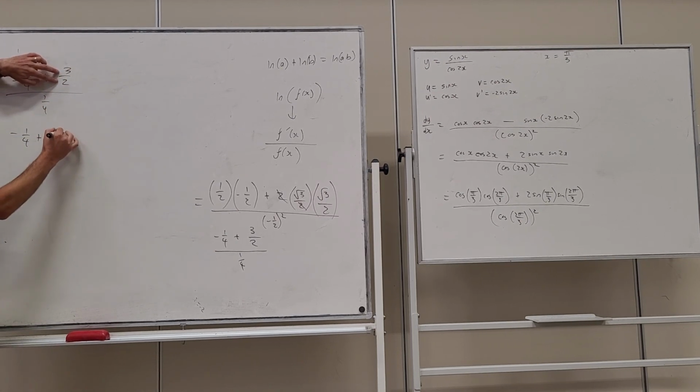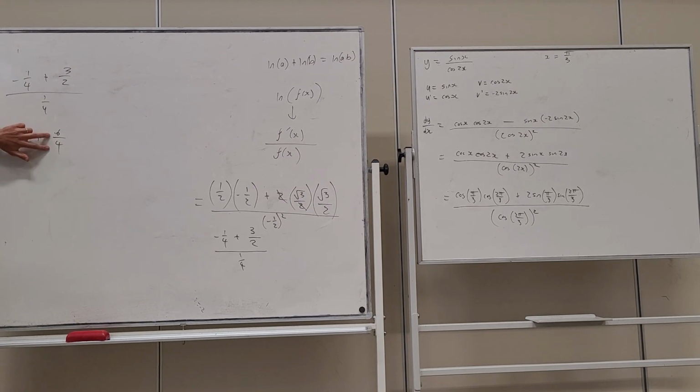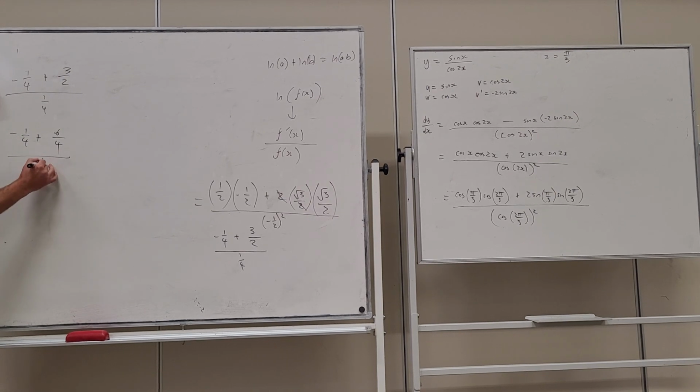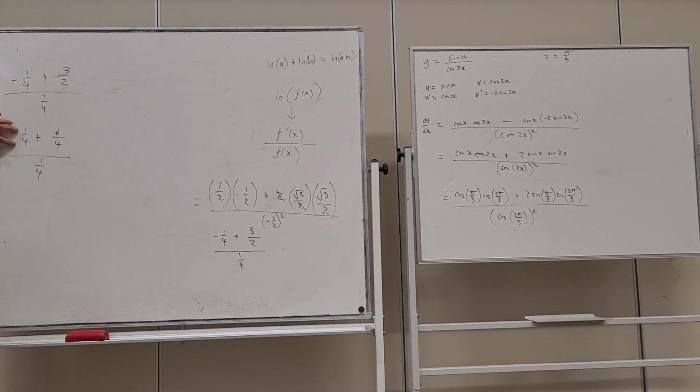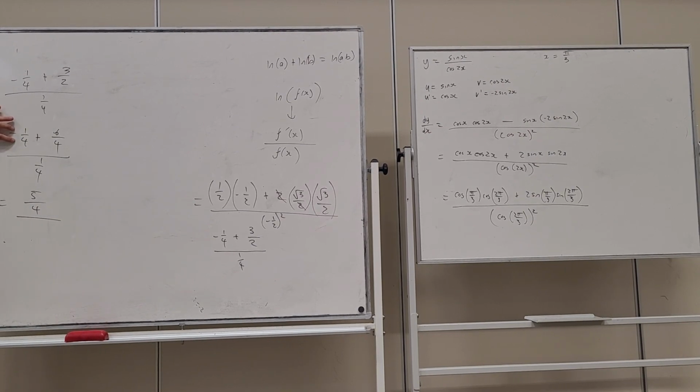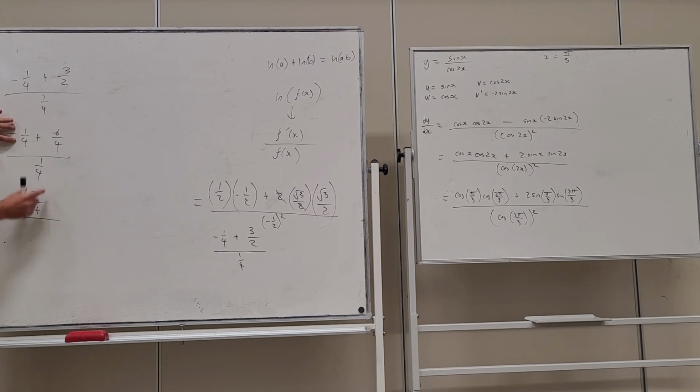I'm going to make it 6 divided by 4. 6 divided by 4 is the same as 3 on 2. They're the same fraction. Now they've got the same denominator. So that becomes minus a quarter plus 6 quarters, which equals 5 quarters. Minus 1 plus 6 is 5. All on top of a quarter.